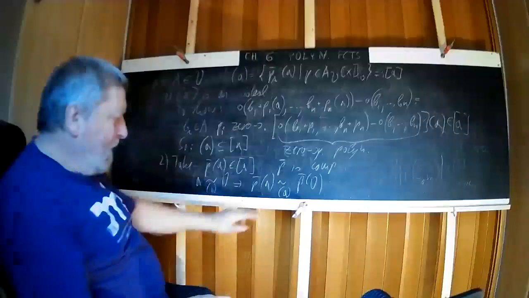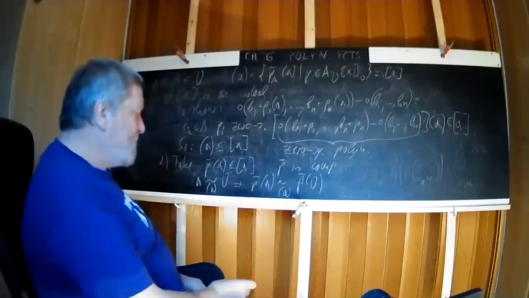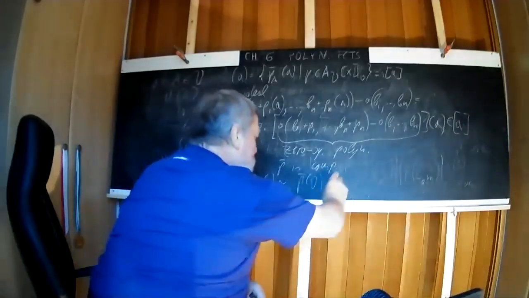And again, you see here we need zero-symmetric. P is zero-symmetric, so this is 0.